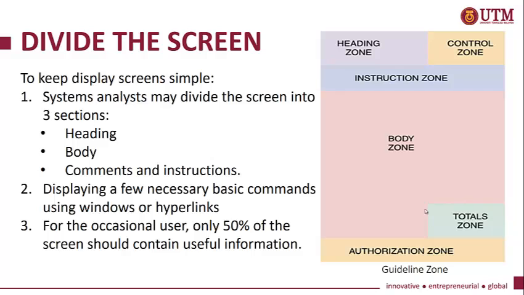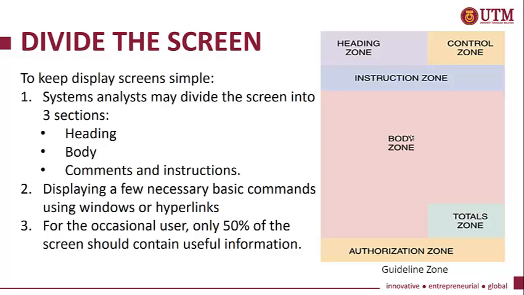The placement of information on a form is also important. The document typically includes most of the zones shown in this guideline. The zones are heading zone, control zone, instruction zone, body zone, total zone, and authorization zone.